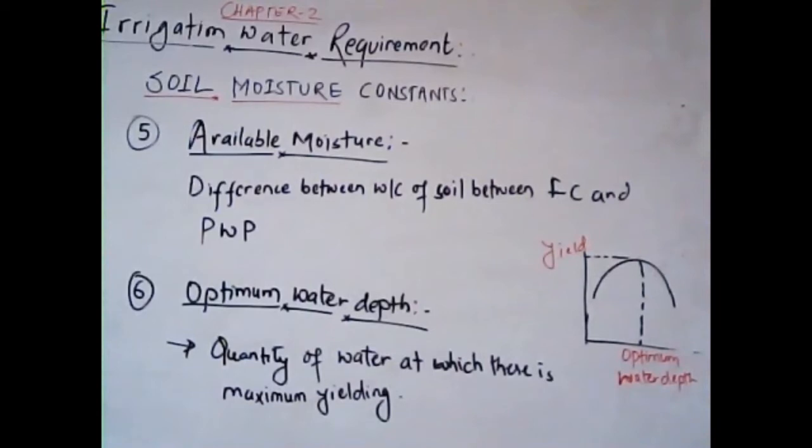Okay, so if we draw a curve between the yielding and the water depth, we obtain the curve as shown in the figure, where as the depth increases, the yielding increases, and at an instant comes where the yielding is maximum, and that maximum yielding point is marked. Corresponding to it, we obtain the water depth that is known as the optimum water depth.